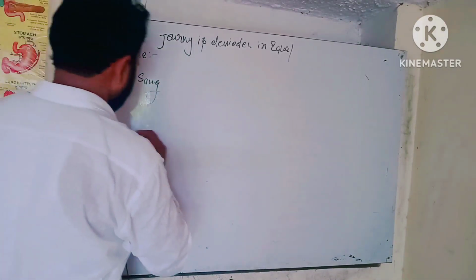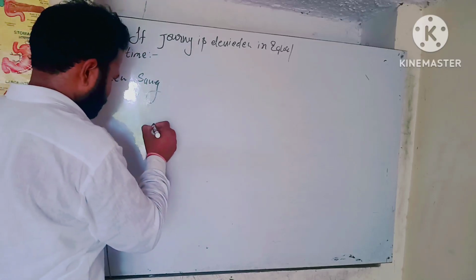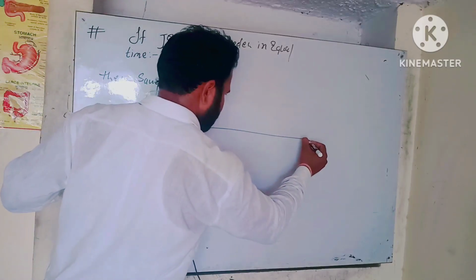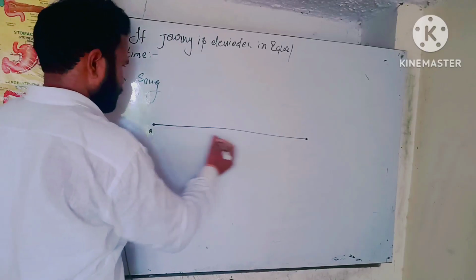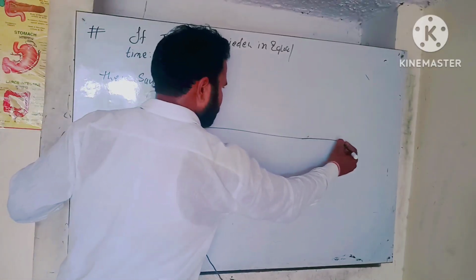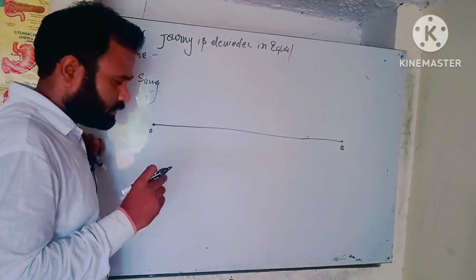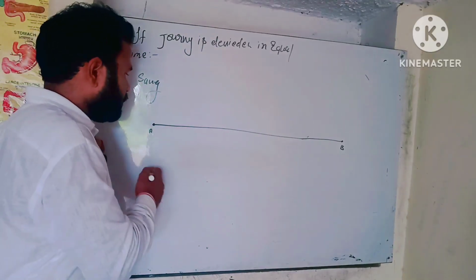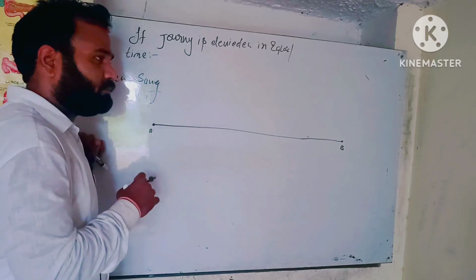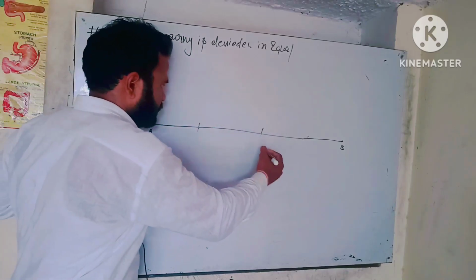Suppose a moving body travels a distance from point A to B, and that distance is divided into many parts.